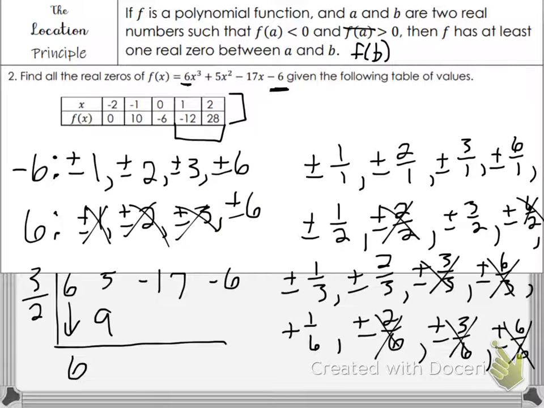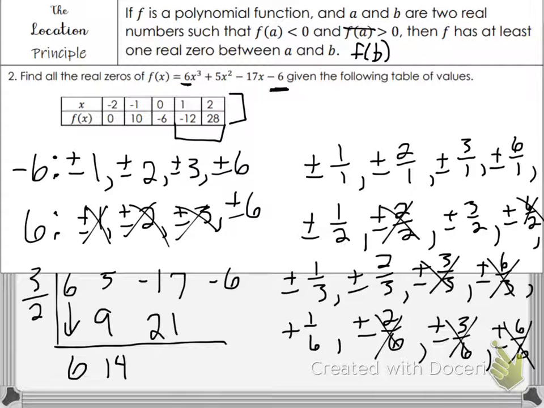The 2 and the 6 reduce to 1 and 3. 3 times 3 is 9. What's 5 plus 9? 14. What's 3/2 times 14? 21. 2 reduces to 1. 14 reduces to 7. 3 times 7 is 21.